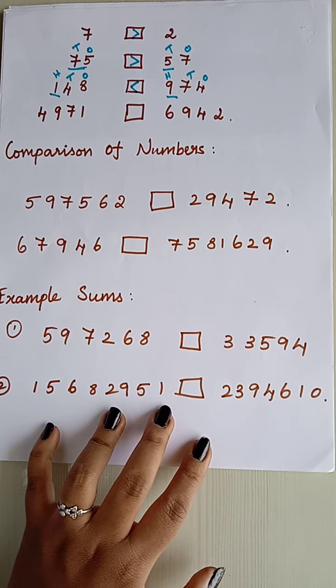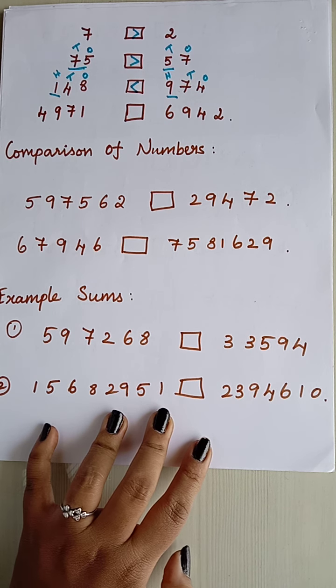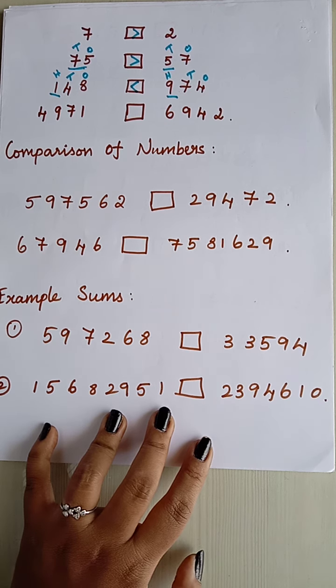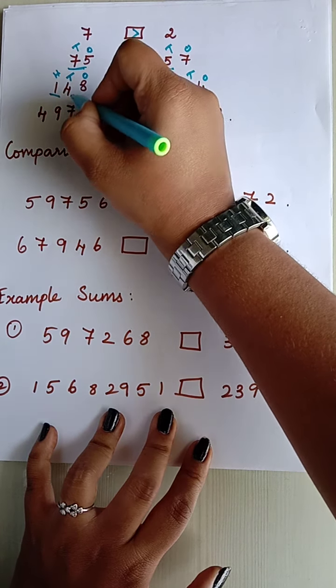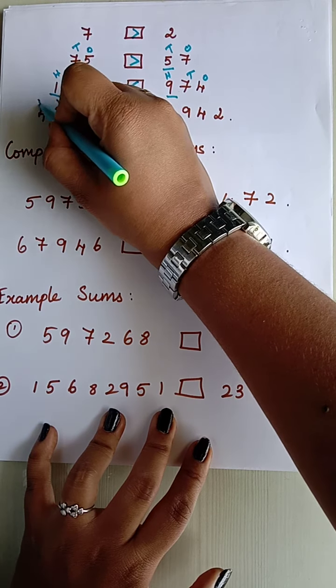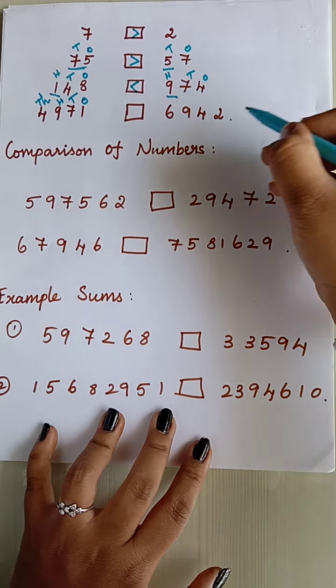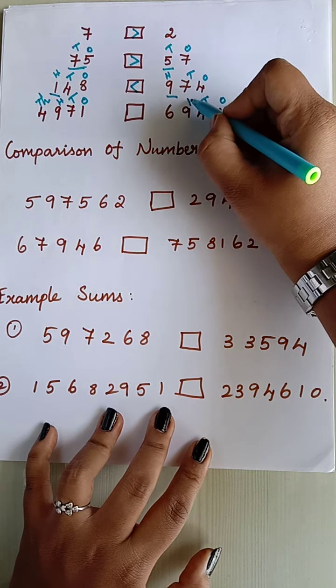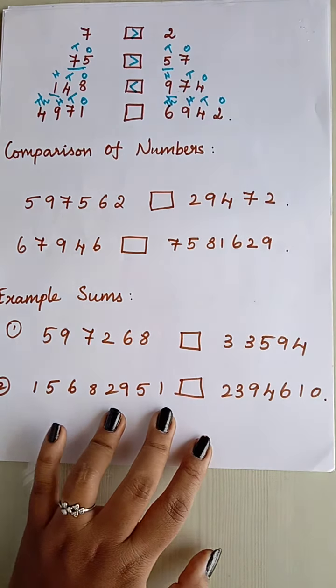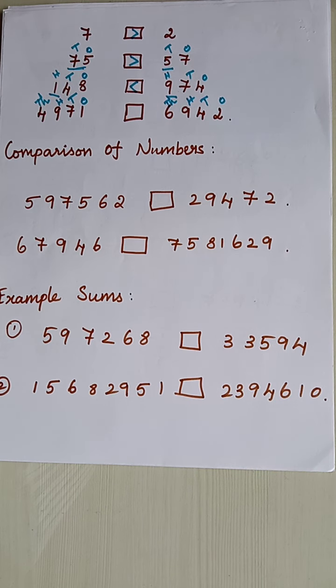Next question, what is the first step? First step, we have to write the place value. From here we are going to start: ones, tens, hundreds, thousand. This side also from 2 I am going to start: ones, tens, hundreds, thousand. Then the second step is to compare the place value.